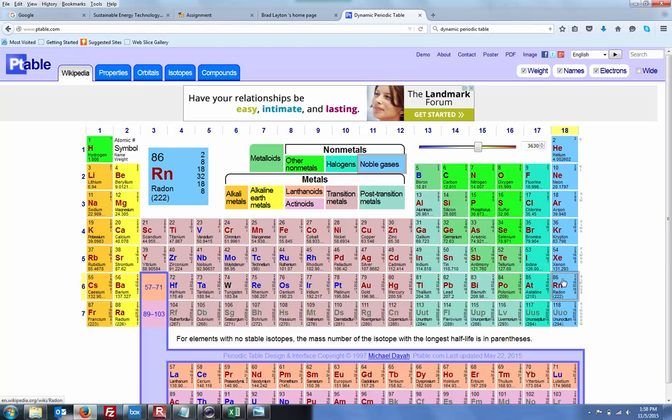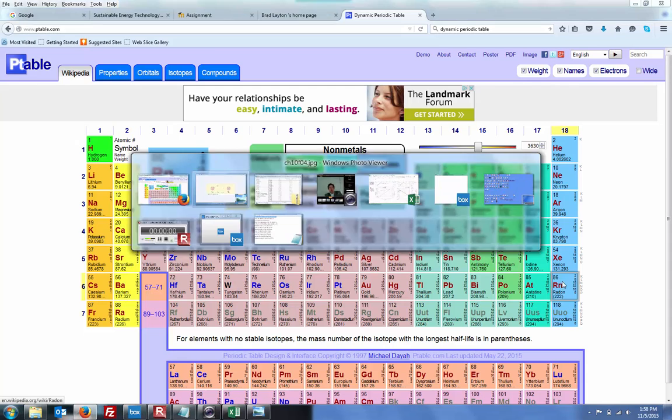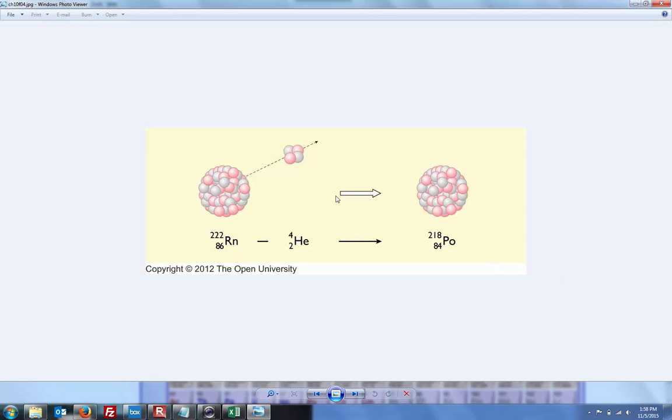Once you get lower, heavier, they become less radioactively stable. The reason for that is all these little protons inside the nucleus are pushing apart from each other, so you get that many positive charges this close together, and they want to squirt off.